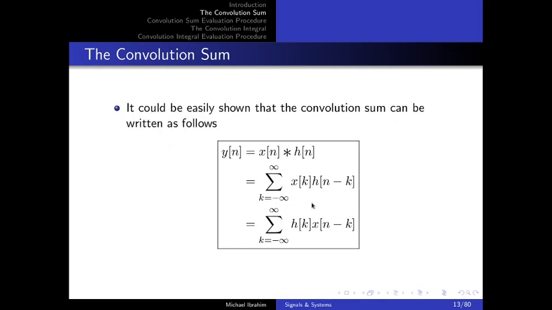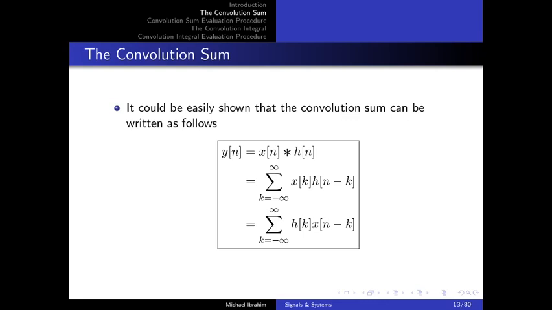It can be easily shown that the summation of x of k times h of n minus k is equivalent to the summation of h of k times x of n minus k. And these are the two definitions of the convolution sum.